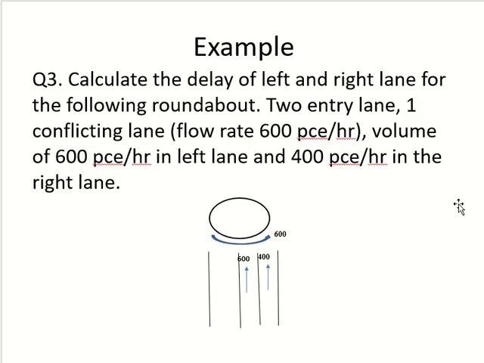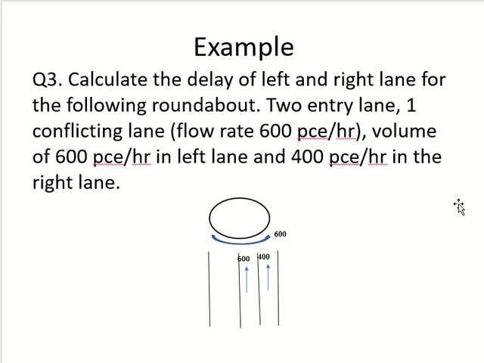Okay. Moving on, next example, we have delay for left hand and right hand lane. Left and right lane. So how many lanes? Two. Okay, and we are calculating the delay of these lanes. That means these lanes are on the road. They are the lanes on the road. We have one conflicting lane.